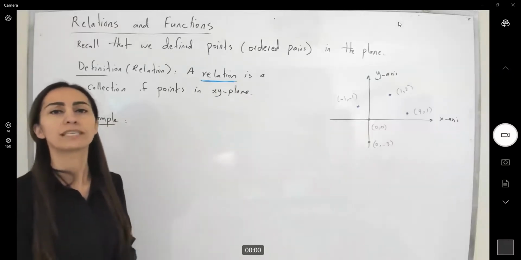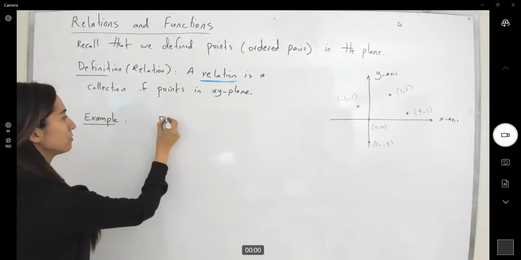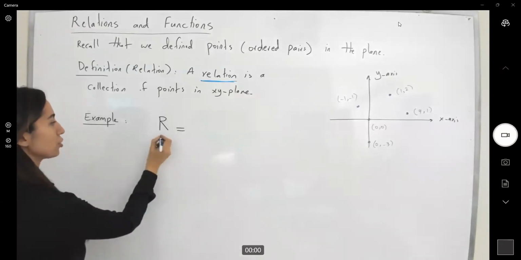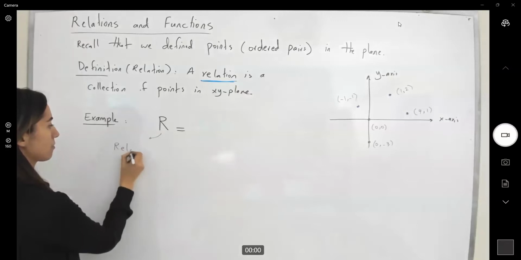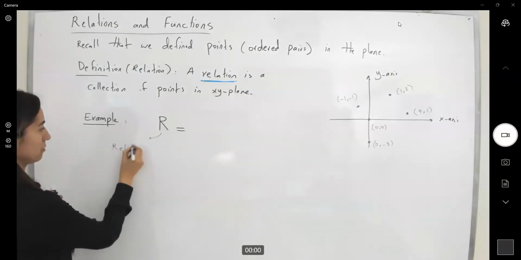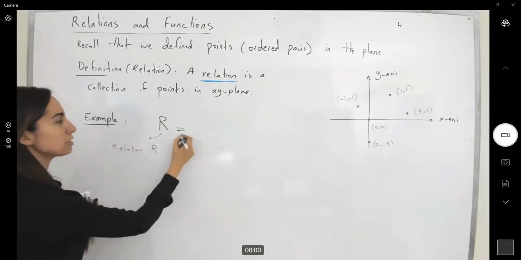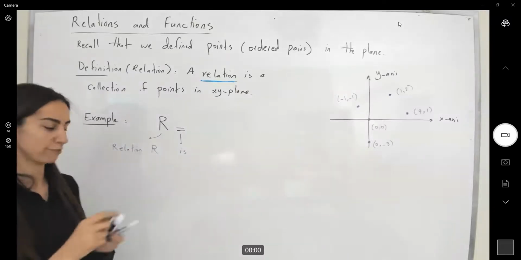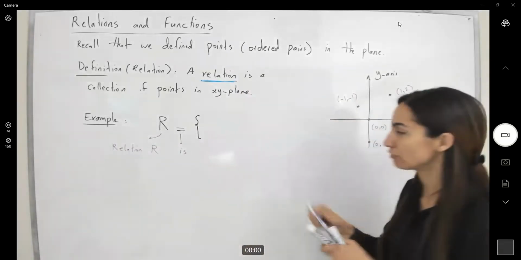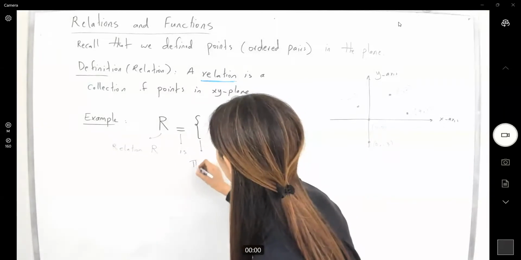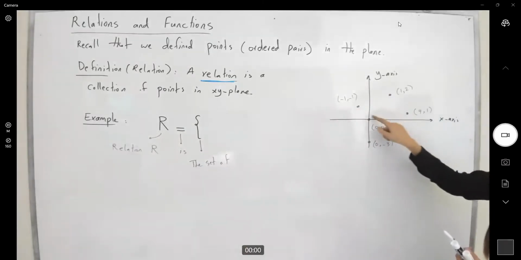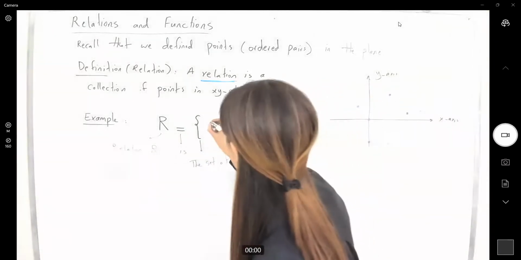I'm going to use capital letters, like R. So the relation R is the set of, I'm going to use curly brackets, representing a set, the set of these points.